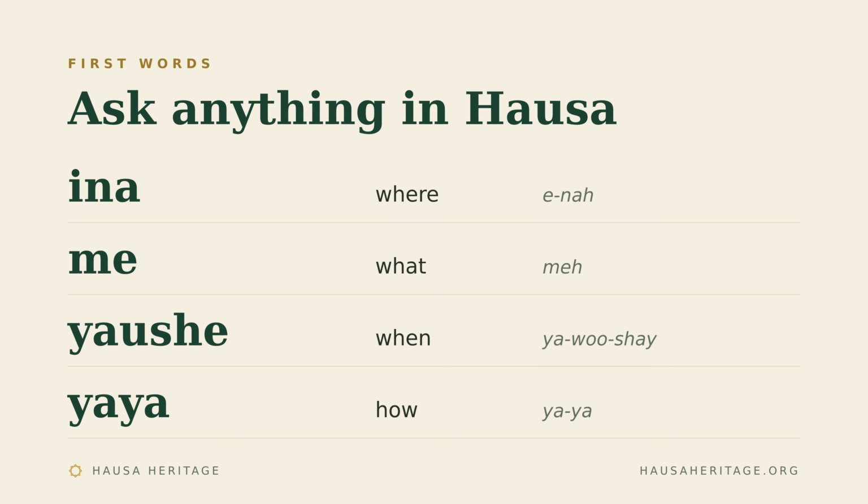Then we move on to the question words. Let's learn some small words that help you ask questions. First, ina. Ina means where. Say it with me. Ina. Good. Next, me. Me means what.